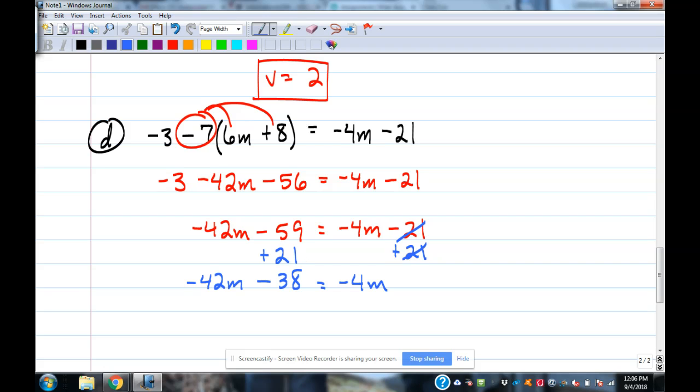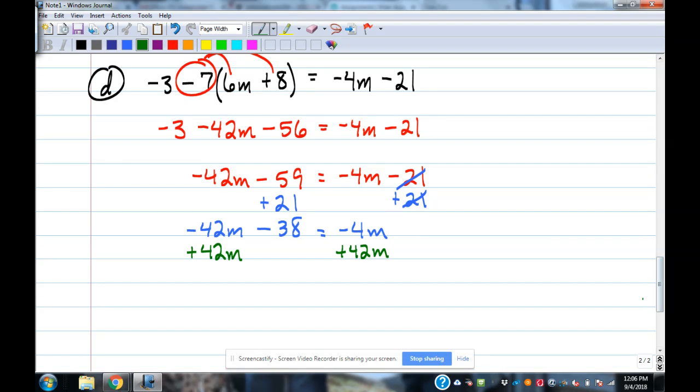Now, because we moved the 21, what do I have to move next? Yeah, this side has two things, that side has one thing, so I move the part that matches that, the m's. So I have to move the 42 by doing what? Plus 42m to both sides. All right, so there's -38.